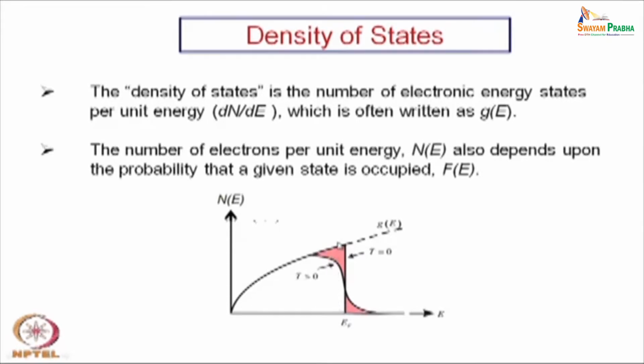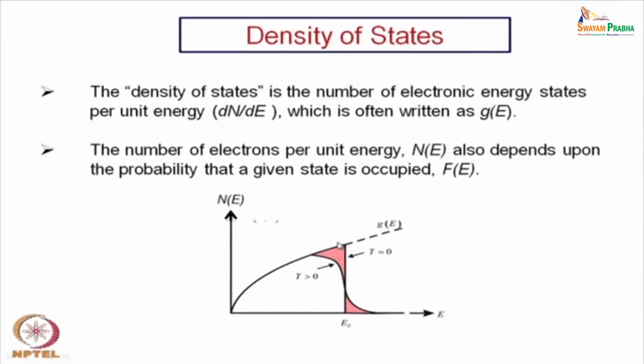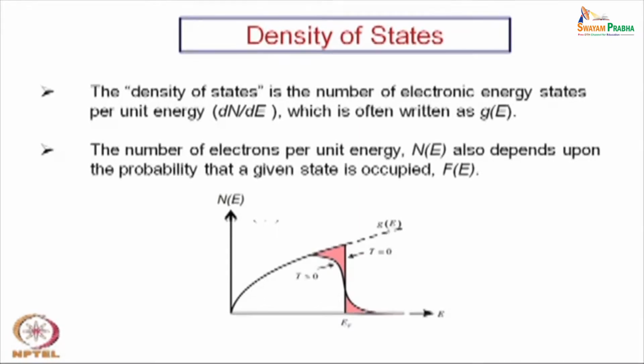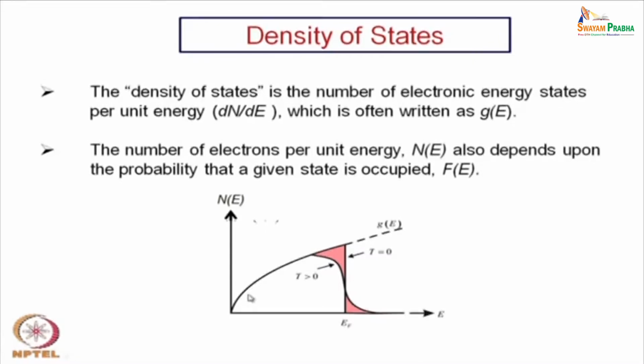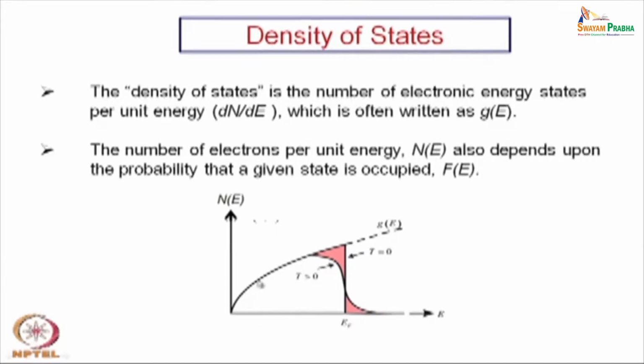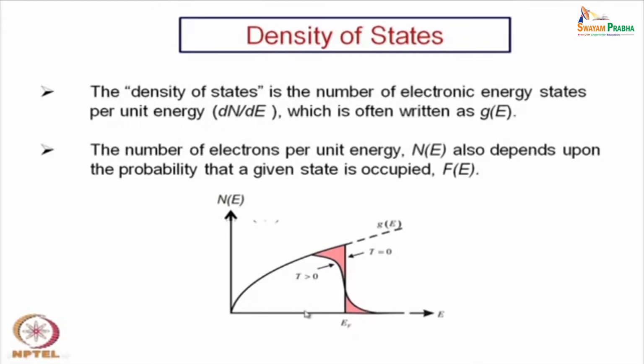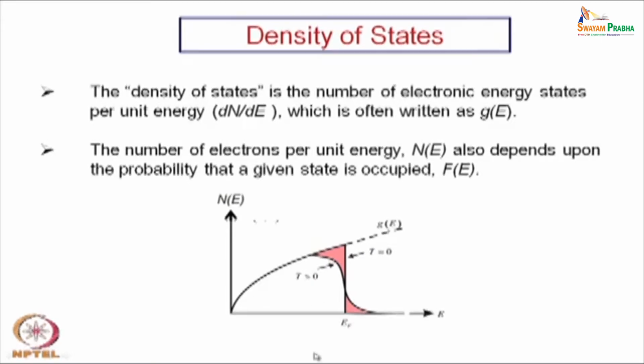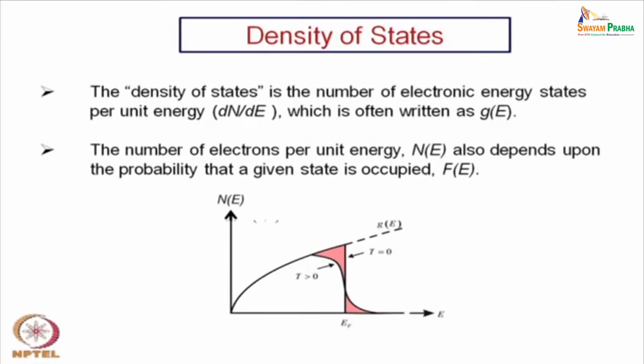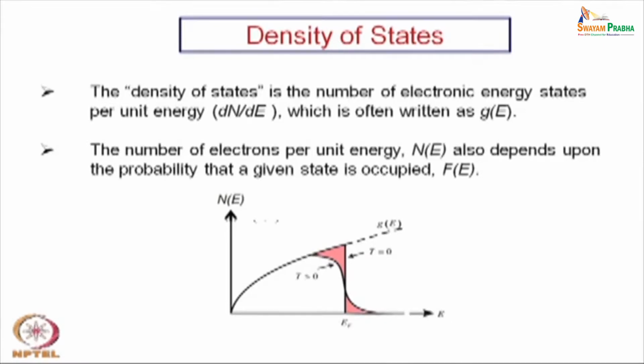That we can also get from the E-k curve. So, at this energy level, this will be the number of energy states available, whereas on this side the vertical line will be the energy levels available. So, the higher the energy level, the more energy states are available, and at EF it will be the maximum.